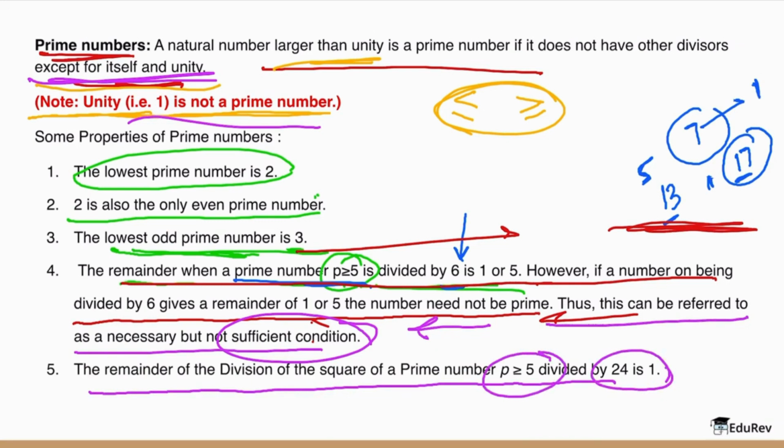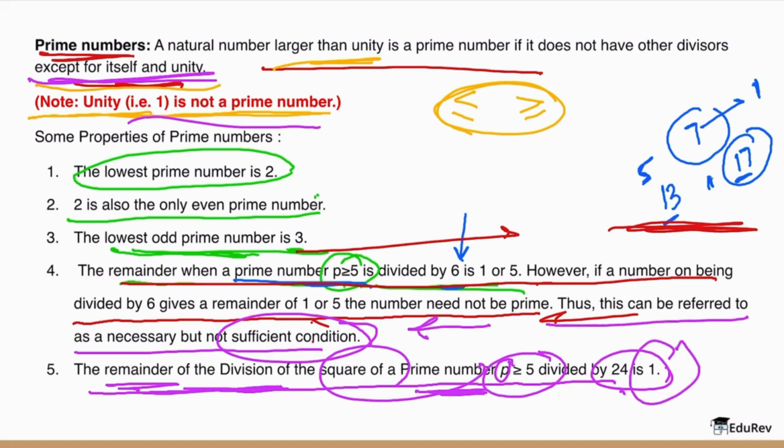What it's trying to say is, for example, if there is any prime number p, and p is greater than or equal to 5, then the square of that p when divided by 24 is going to yield a remainder of 1. This is one of the properties.